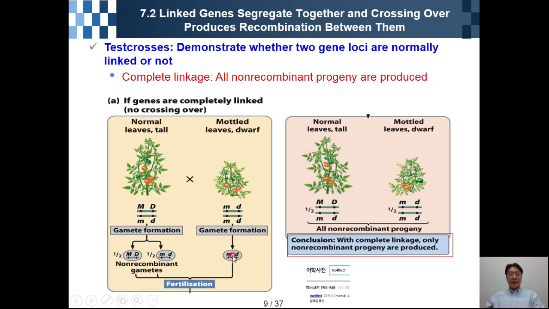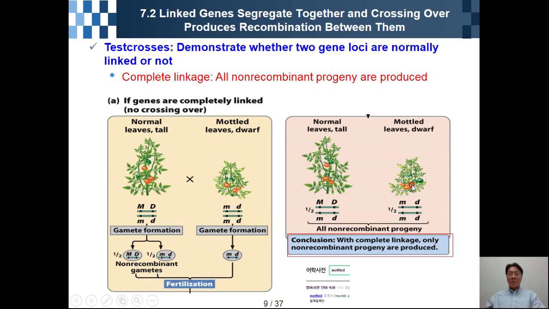So finally, after the cross, they will have normal leaves and tall shape, and also another one with mottled leaves and dwarf shape. So all of them show non-recombinant progeny, because this is normal leaves and tall and mottled leaves and dwarf.